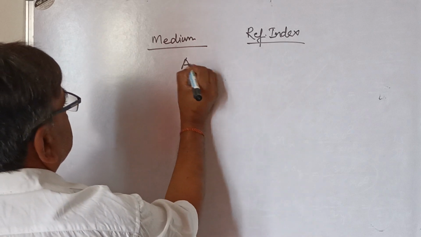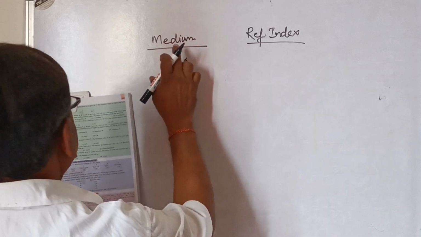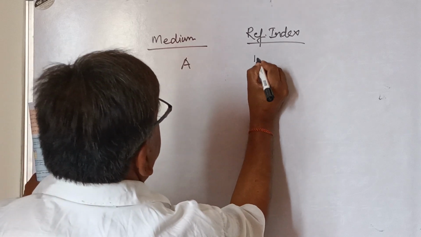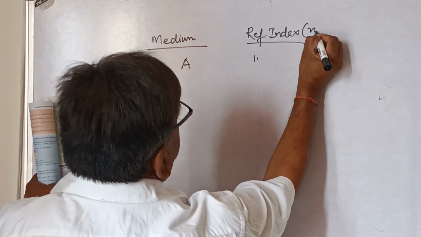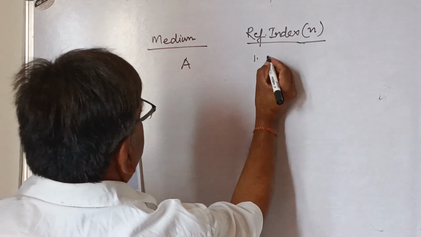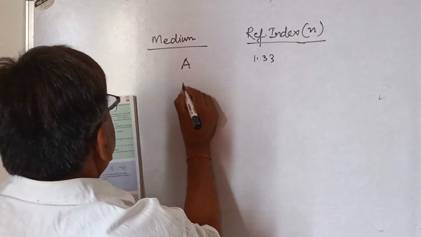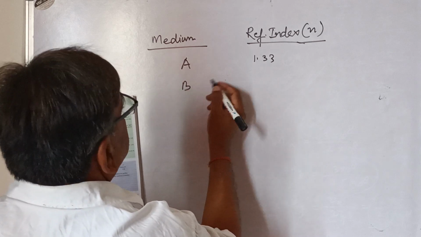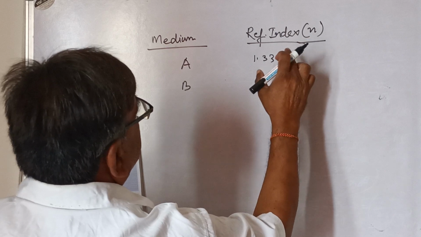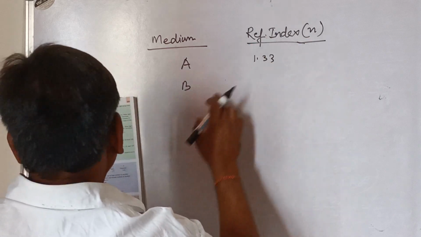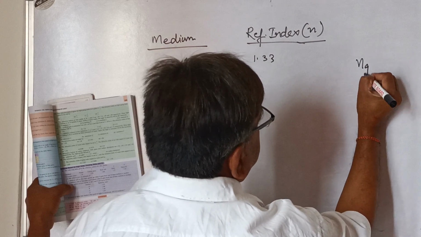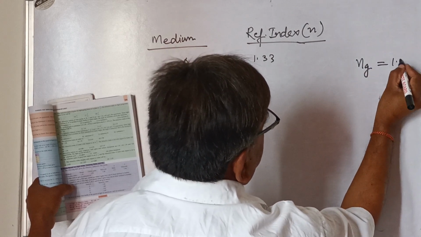This is A, this is substance A or medium 1. It has got value of N. N means with respect to air, 1.33. It is B, the value of N with respect to air, it is called the absolute value of that medium. For example, glass, so Ng, if the first one is air, then it is 1.5.